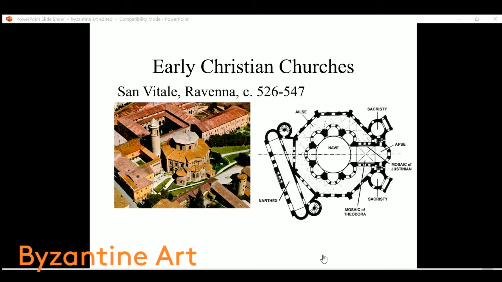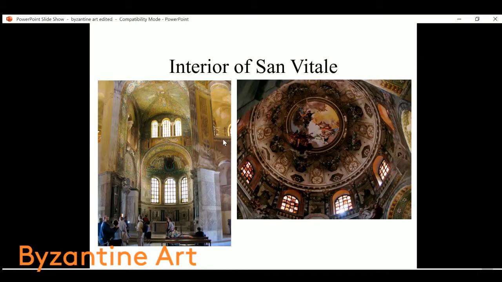San Vitale in Ravenna is a style of early Christian church. It uses simple patterning with intricate motifs. The main idea is to show divinity through luxurious decoration, and this idea was later adopted and stylized by Islamic art tessellation to decorate their mosques. So this is the interior of San Vitale, right?